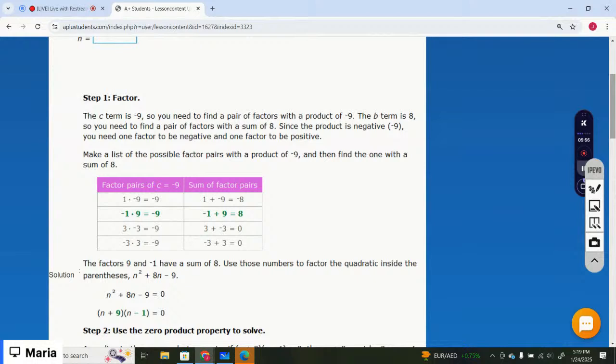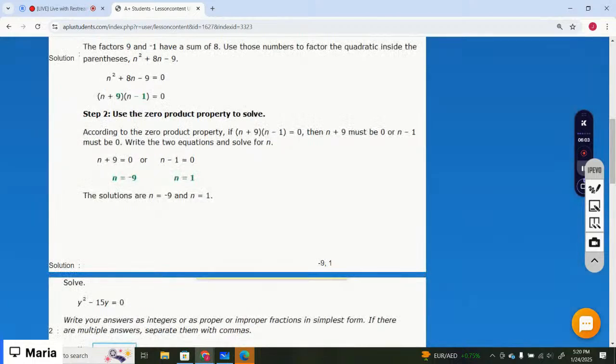So the factors are n plus 9 and n minus 1. By the zero product property, either n plus 9 equals 0 or n minus 1 equals 0. So n equals negative 9 and n equals 1.